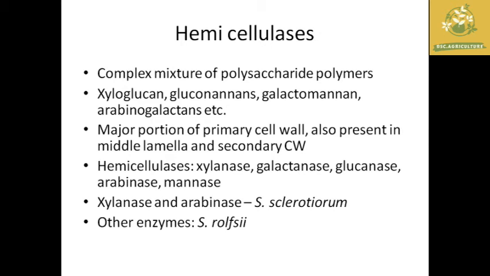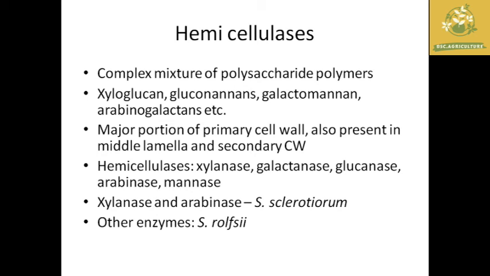And after that, we are going to see the hemicellulase, which acts on a complex mixture of polysaccharides. Xyloglucans, glucans, galactomannans and arabinogalactans are said to be present in hemicellulose. So the hemicellulases are xylanase, galactanase, glucanase, arabinase and mannanase.